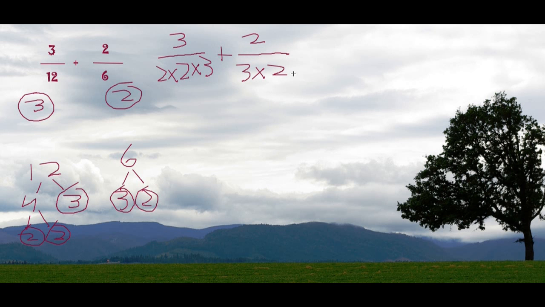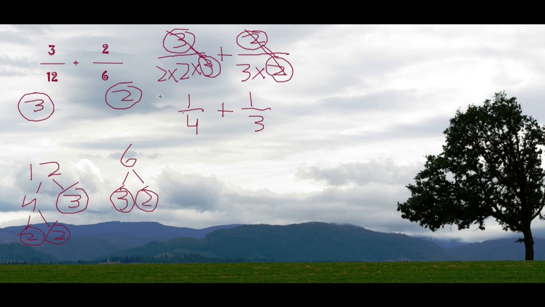And then we look for the partners. We match them up like eharmony.com. And then we scratch. I got nothing on the top, so I rewrite that as 1. I got nothing at the top, so I rewrite that top as 1. And at the bottom, I have 2 times 2 is 4, and then just 3.